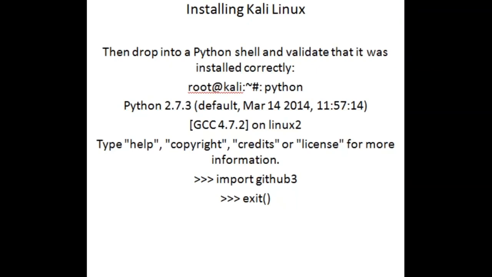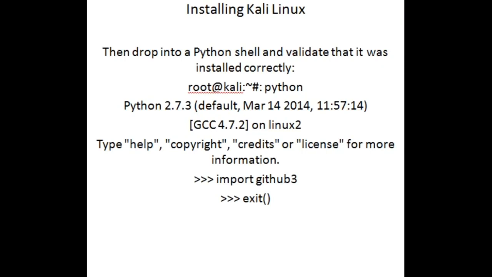When the packages are installed, we can do a quick test and install the module that we will use later to build a GitHub-based Trojan. Enter the following into your terminal: root@kali:~# pip install github3.py.